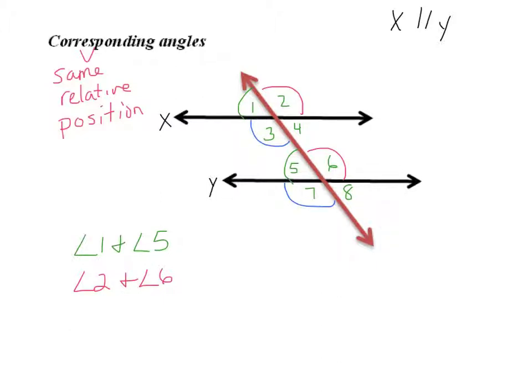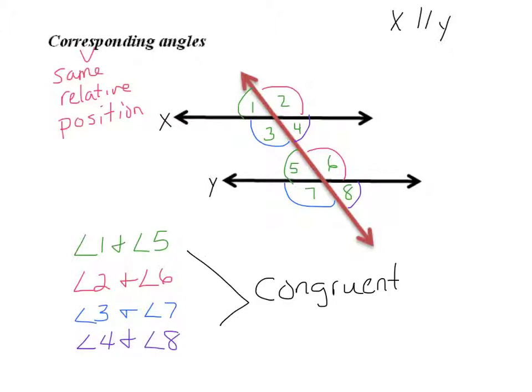You should have seen that angle 3 and angle 7 are corresponding. Also, angle 4 and angle 8. Corresponding angles are congruent. So if angle 1 is 60 degrees, that means angle 5 is 60 degrees. And that works for all of them.